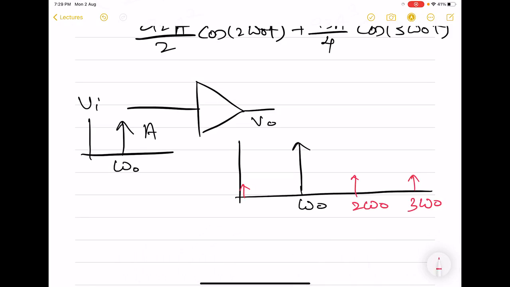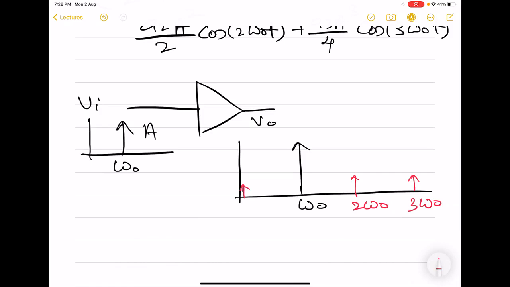So here we see that we have undesired frequency components, and in this case the shape of the output is no longer going to be a pure sinusoid.